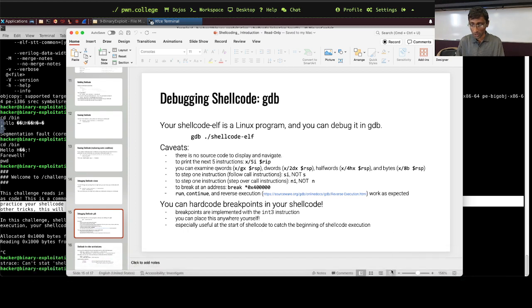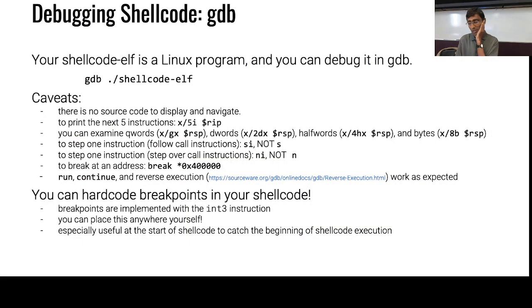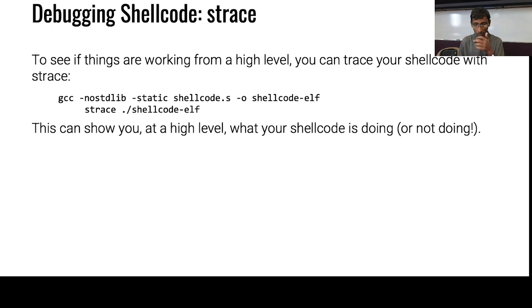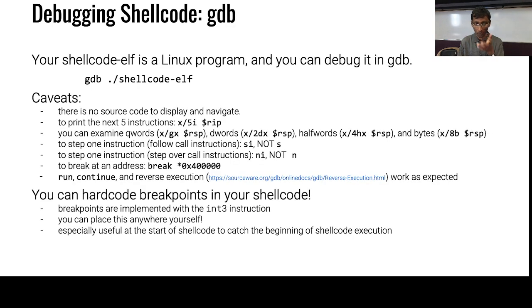So use strace to get to know what happens if your code is not working. And ideally, GDB is the first tool that you would be looking for to get into the reason for hacking it.